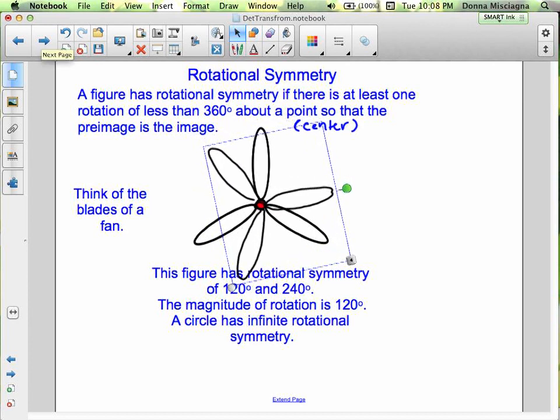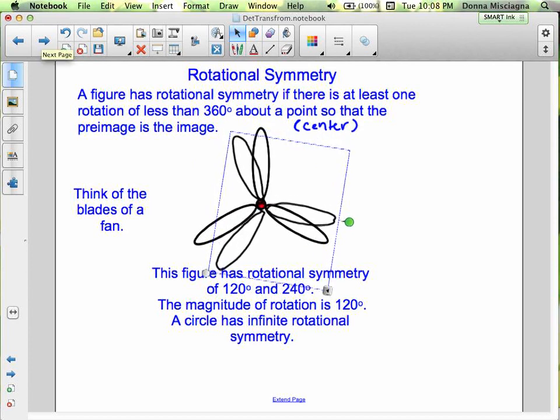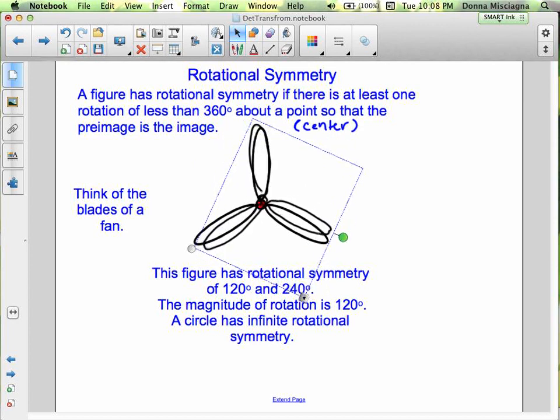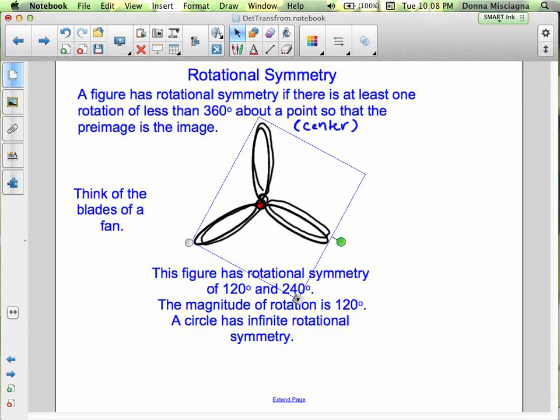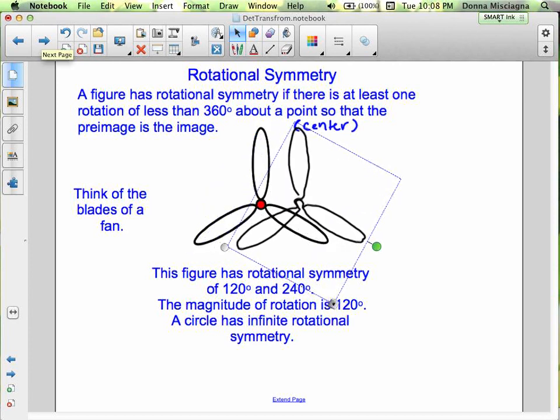There we go. All right, so there's 120 degrees. Notice that it matches up again. I didn't turn that thing a full circle. I only turned it a third of a circle.